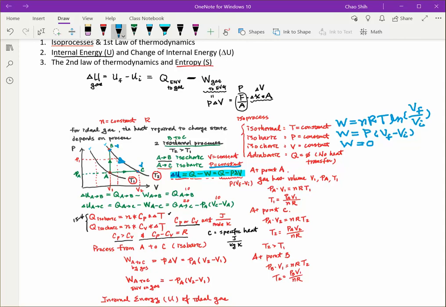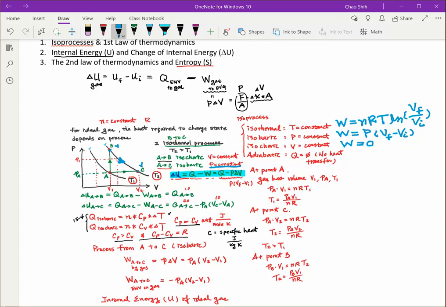In this case, this will be T2 because we are looking at the curve of the T2. The final volume is going to be V2 and the initial will be V1. So that's how you calculate work for different processes.